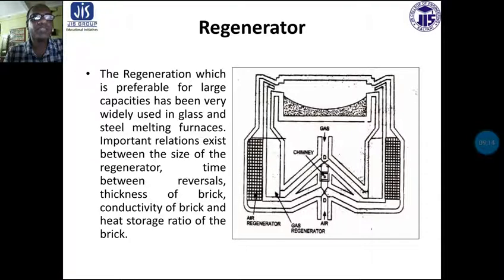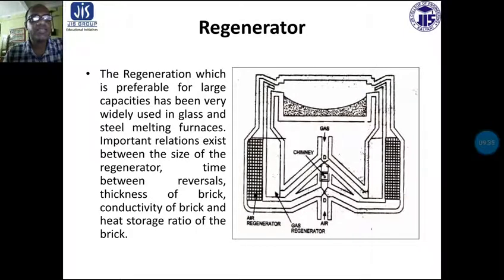Important relations exist between the size of the regenerator, time between reversals, thickness of bricks, conductivity of bricks, and heat storage ratio of the bricks.